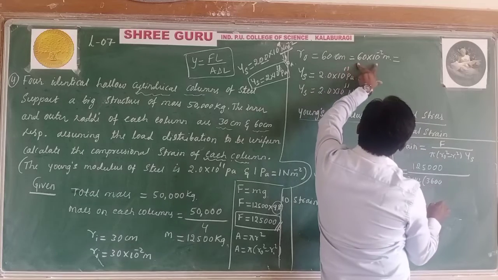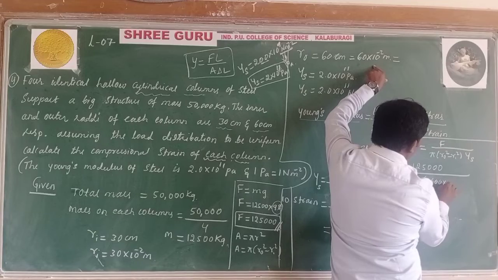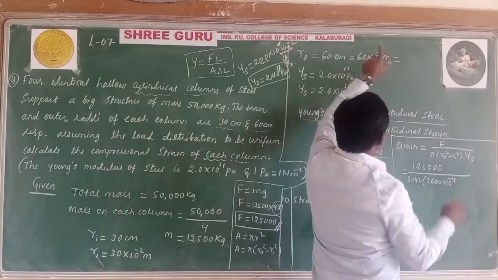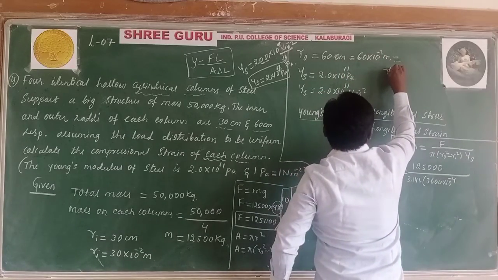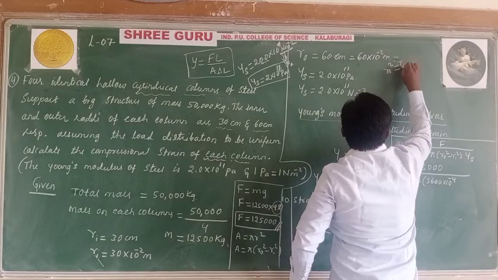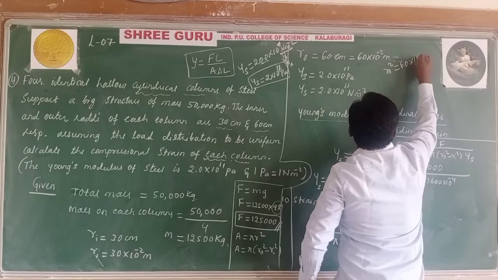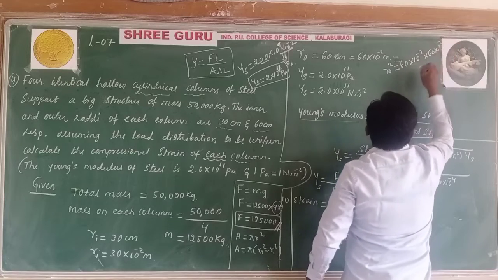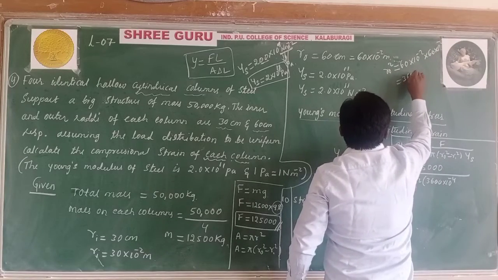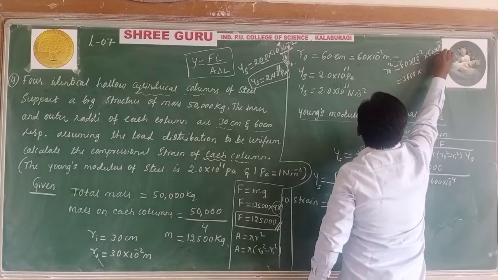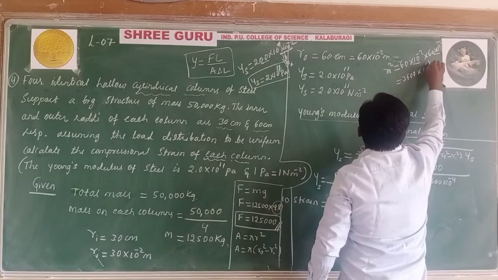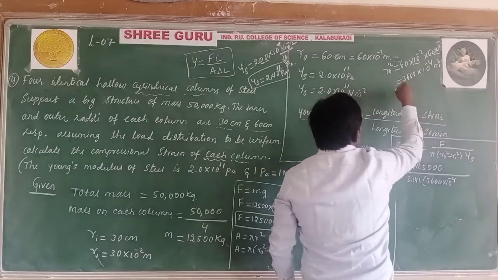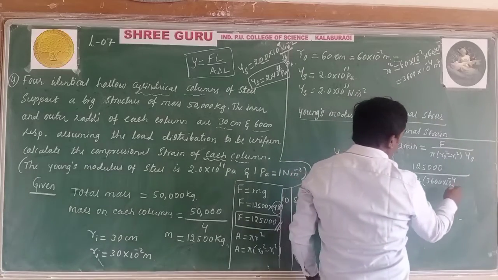R naught value is 60 into 10 raised to minus 2 meter. R naught square means 60 into 10 raised to minus 2 into 60 into 10 raised to minus 2. 60 into 60 means 3,600, and as the bases are the same, the powers are added, that is 10 raised to minus 4 meter square, the radius square in terms of meter square.